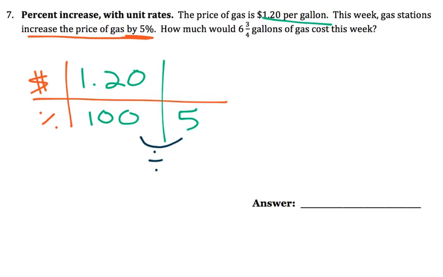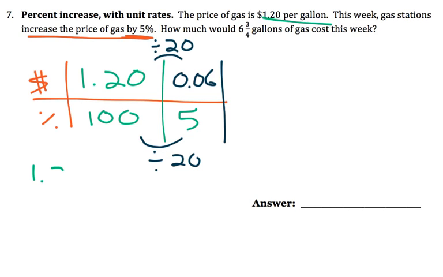If I divide 100 by 20, that's 5. And if I divide $1.20 by 20, you could totally use a calculator here, you should get 6 cents. So then, if the price of gas used to be $1.20, just add 6 cents to that, and you have the new price, which is $1.26.